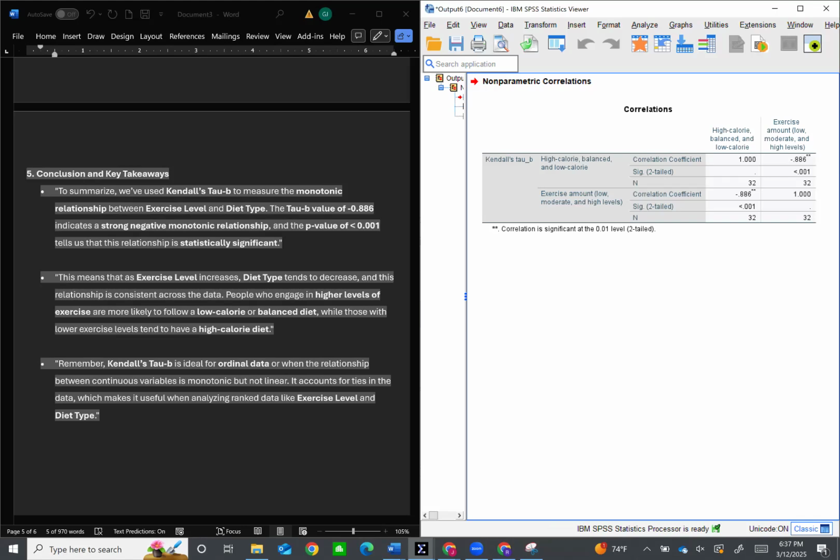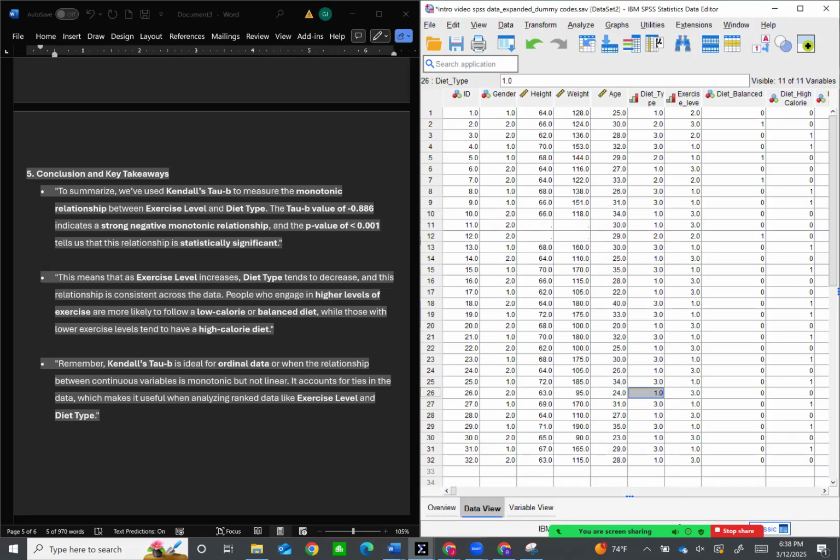So people who engage in higher levels of exercise are more likely to follow these types of diets, as people with lower exercise levels tend to follow these types of diets in this data set. Again, Kendall's tau is great for ordinal data, especially when there are ties in the data. And there were definitely ties, as we pointed out in our data view.